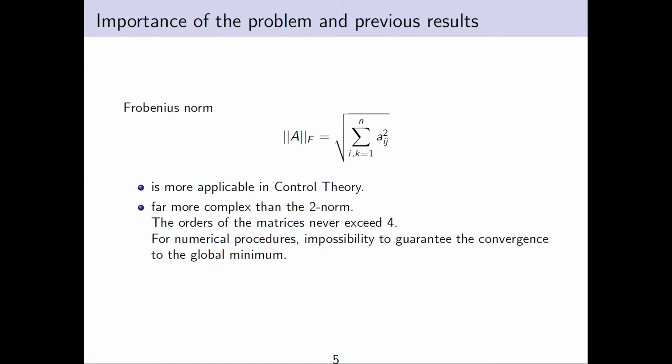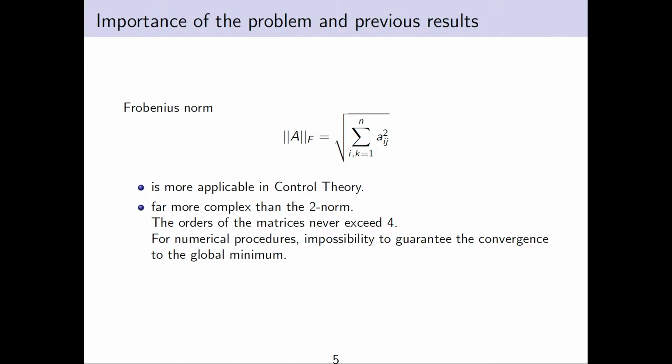It is more applicable in control theory, but consideration of this case is far more complex than the case of the spectral norm. There are many works devoted to the case of spectral norm, but there are just a few works considering the case of Frobenius norm. In all works, the orders of the matrices never exceeded 4.